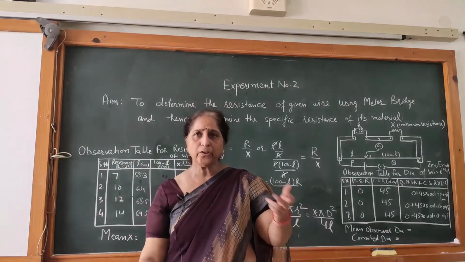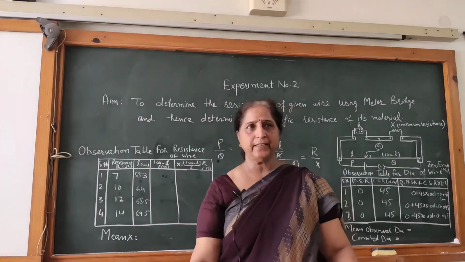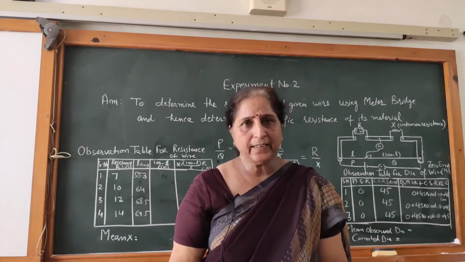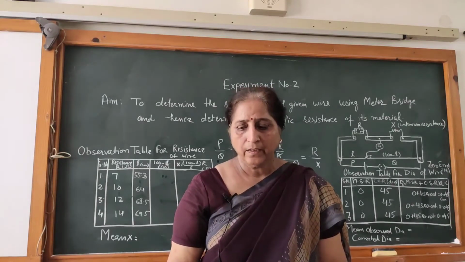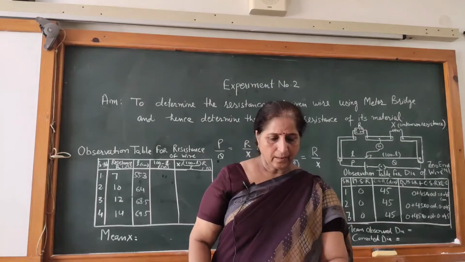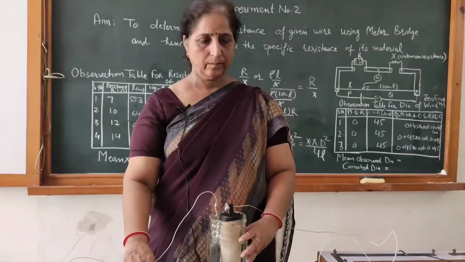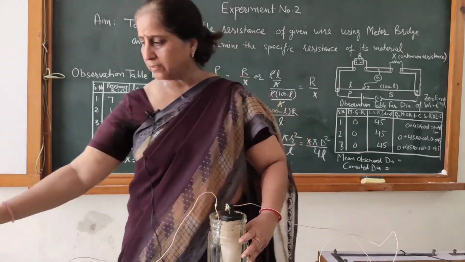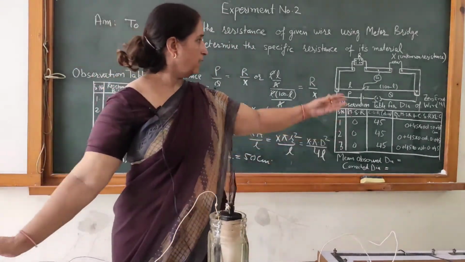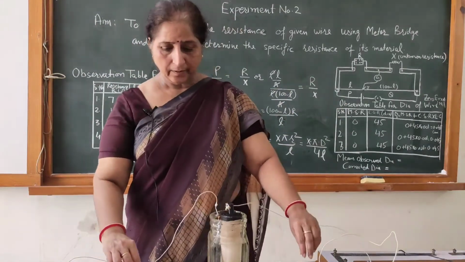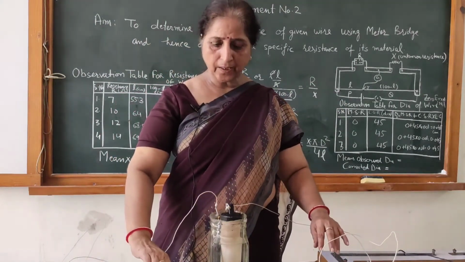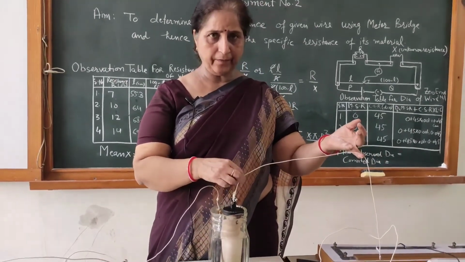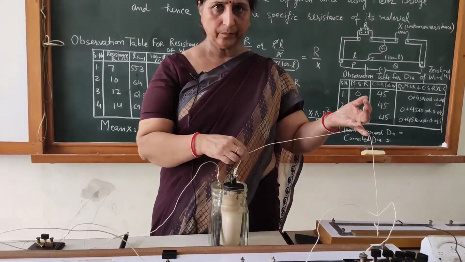Now, I will show you how we can connect the various elements and how we shall check whether the circuit is correct or not. For this, concentrate on this circuit. I have made the connections as I have shown in the circuit diagram. This is the wire of the meter bridge. Its one end is connected to the positive terminal of the cell.